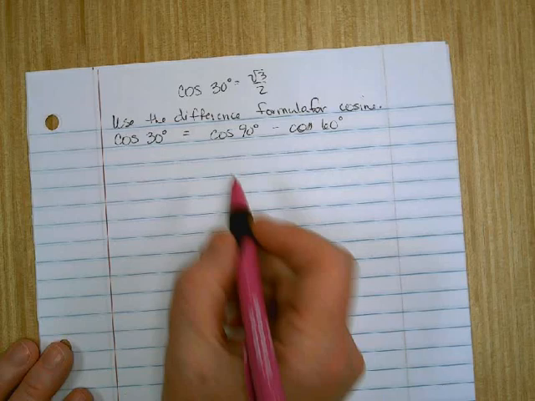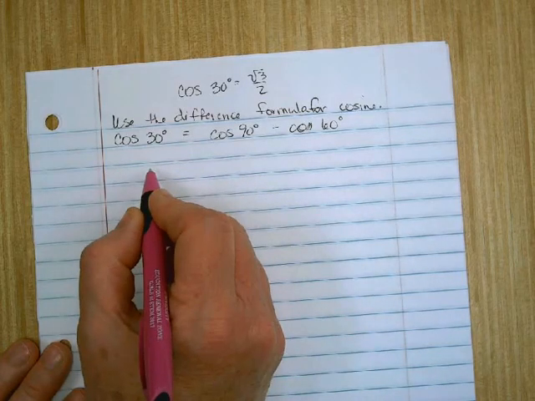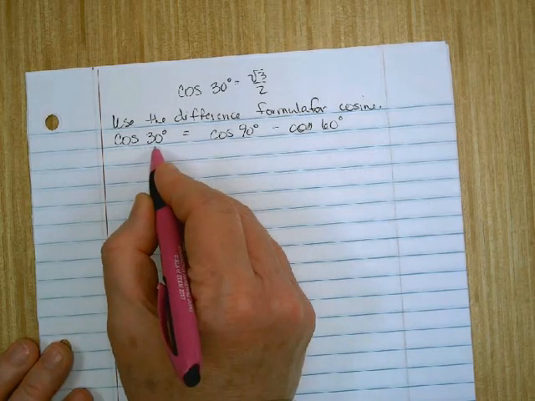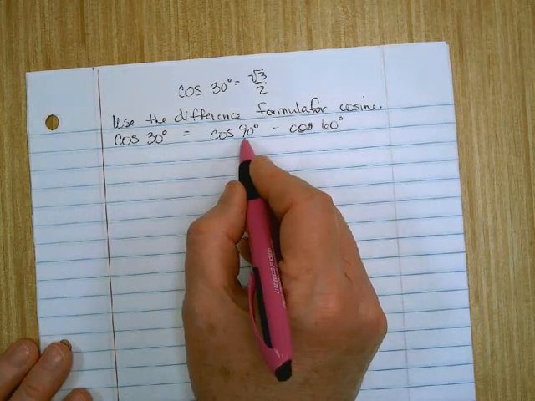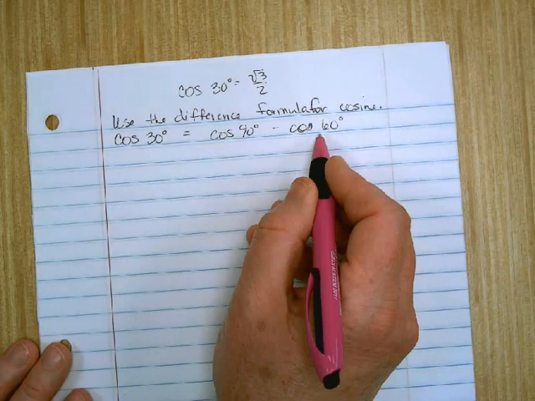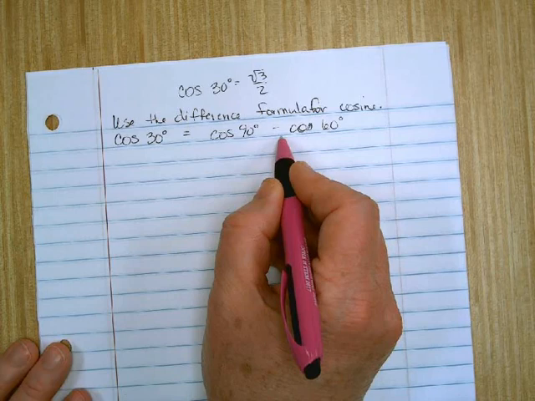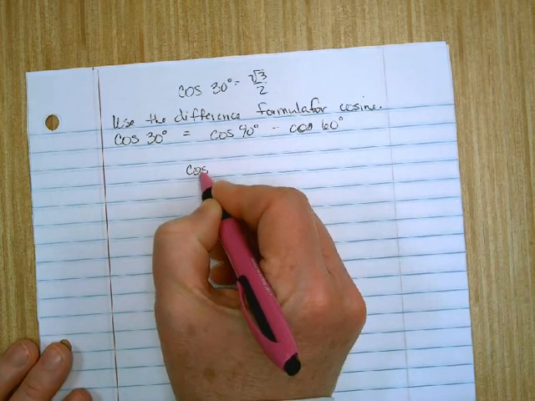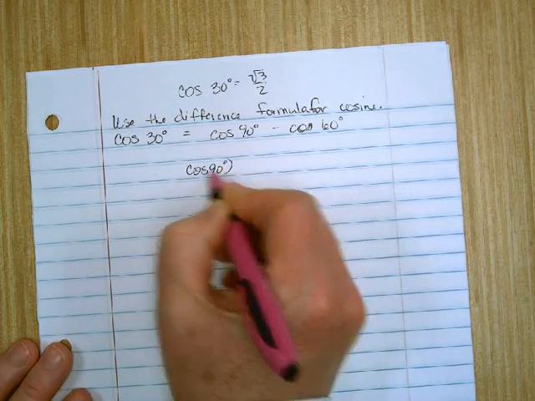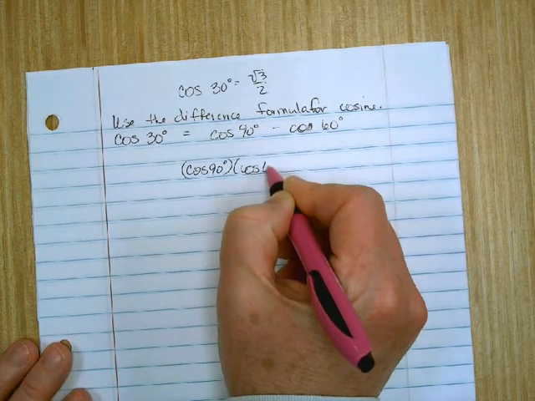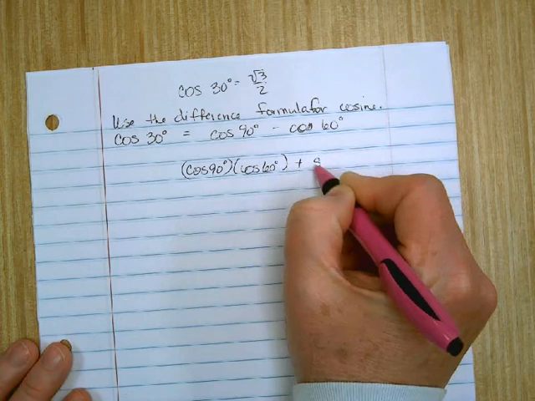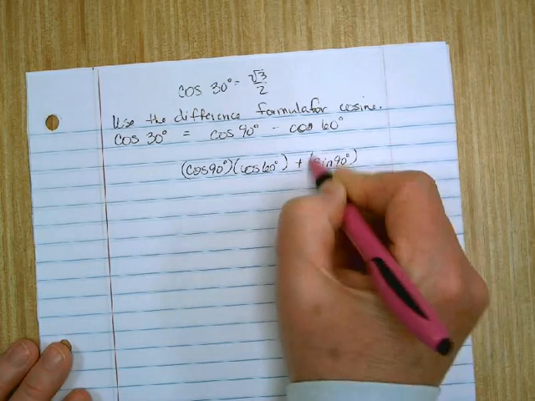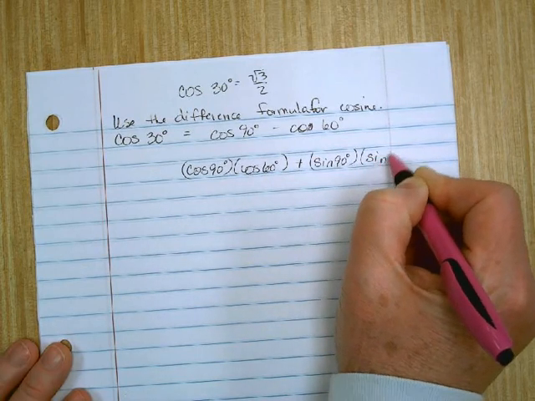So if we're using the cosine difference formula, the cosine of 30 degrees is equal to cosine of 90 minus 60. Going from our formula, this will translate into cosine of 90 times the cosine of 60 plus the sine of 90 times the sine of 60.